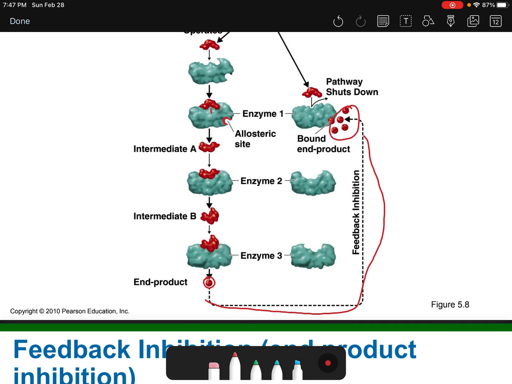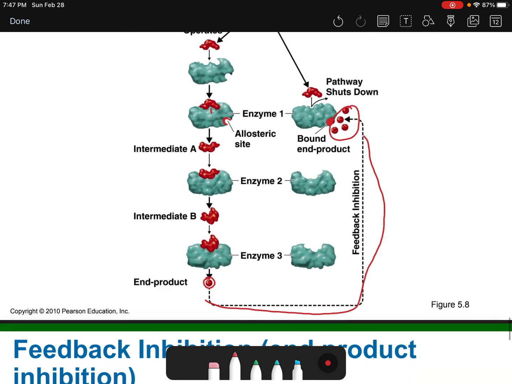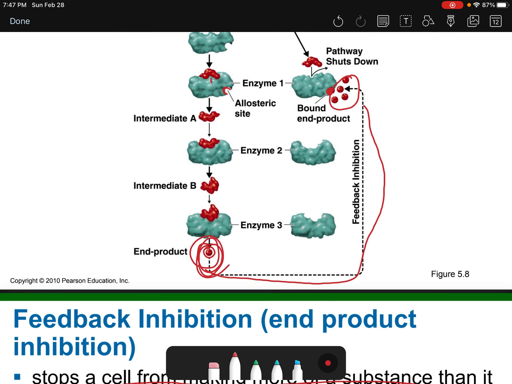Now this end product binds to the allosteric site, and it basically shuts down this whole pathway so that no more of this end product gets produced until we use up some of it. Because why would your cells keep producing more and more of an end product if we don't need it, whether that be a protein or some other substance? That would be a waste of our cells' functioning and ability.